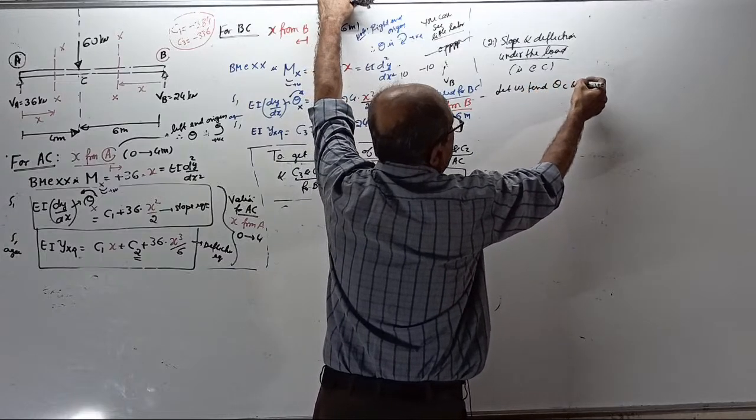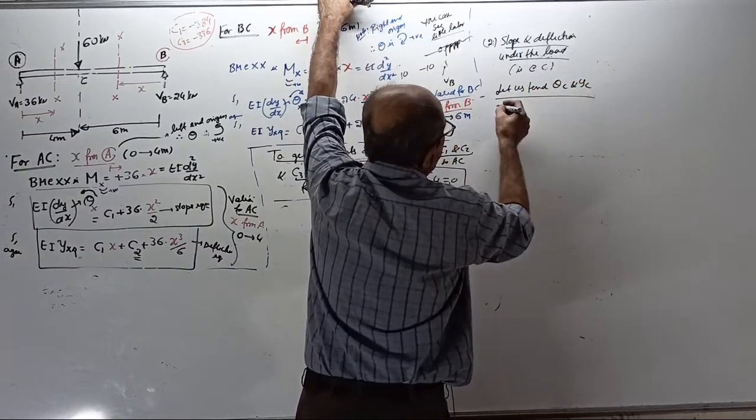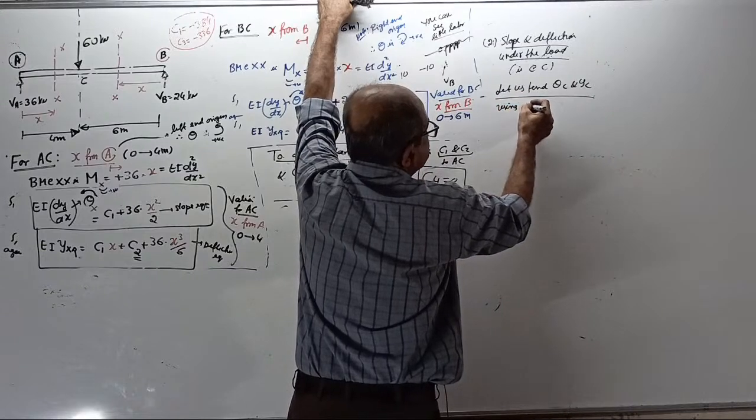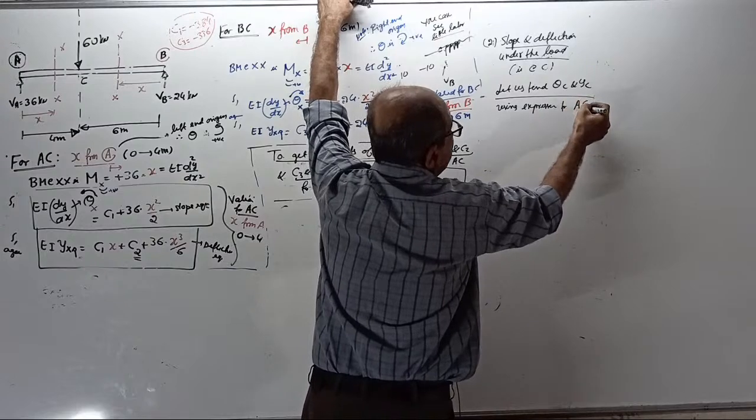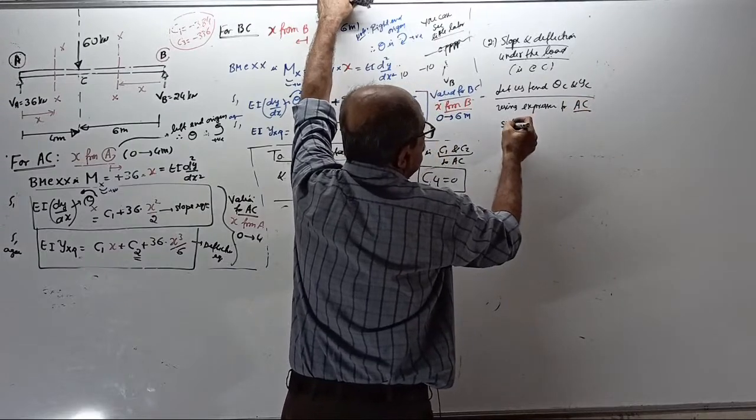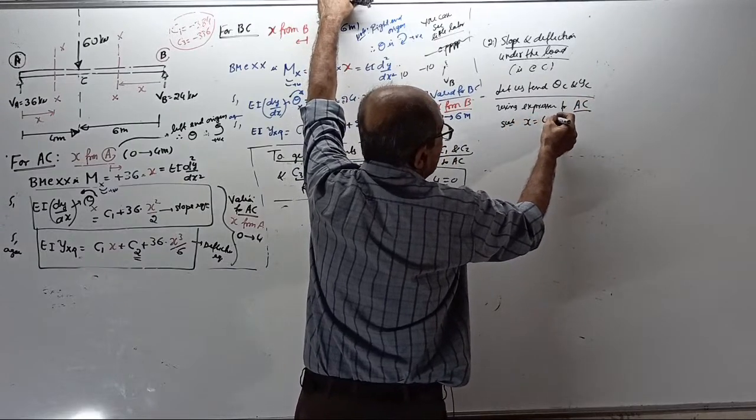First, let us find theta C and yC using expressions for the AC portion. Substitute x equal to 4 meter.